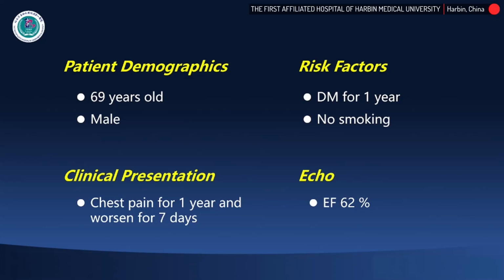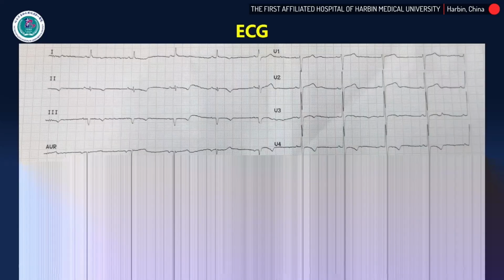The main risk factor is diabetes, and he is a non-smoker. His echo showed an ejection fraction of 62% with no abnormal wall motion.